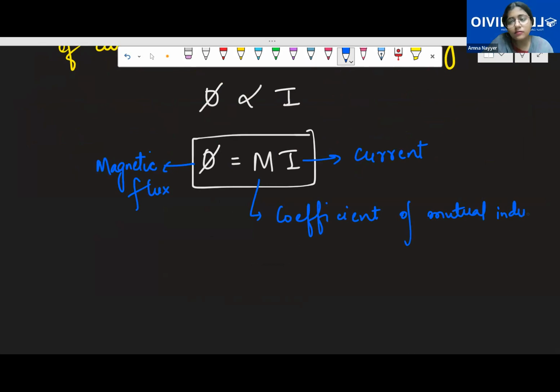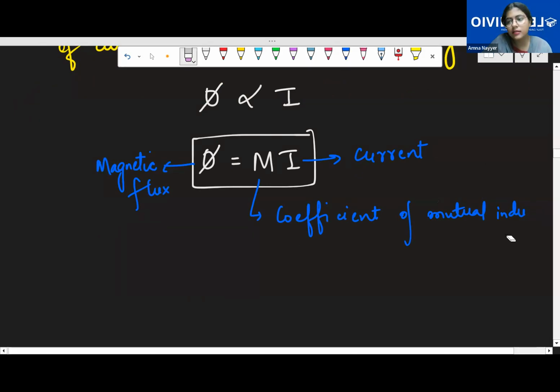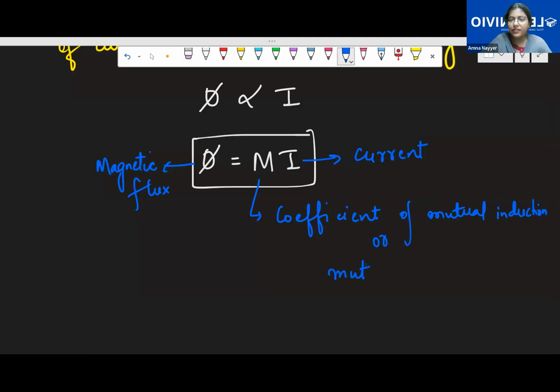Like self-inductance, you can also use the term mutual inductance. And the rest of the theory part is the same. This was the major difference here.